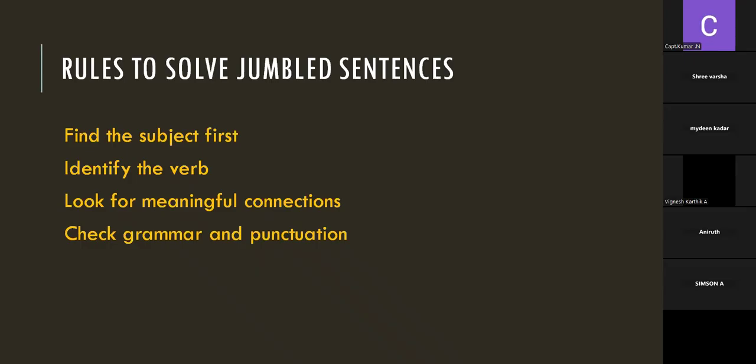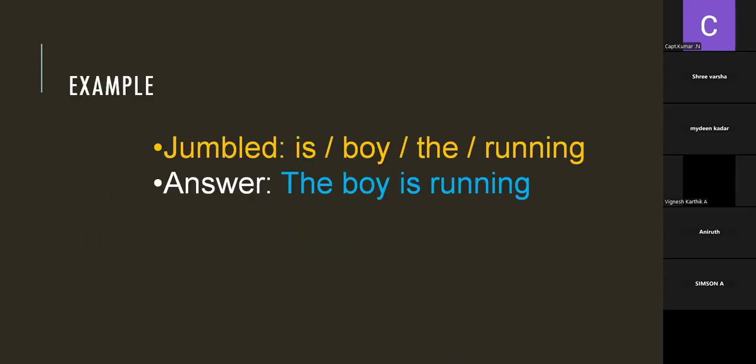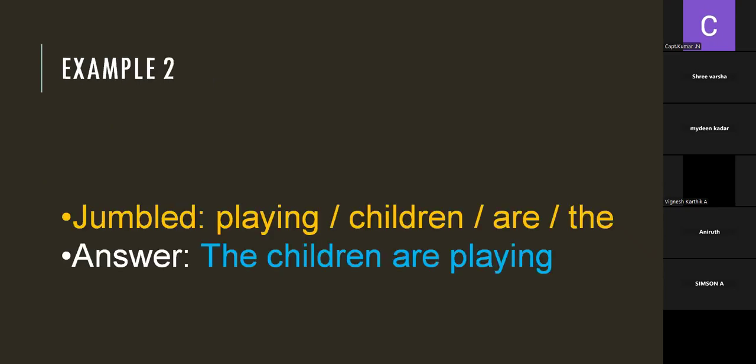Now, let's see the examples. Jumble: is, boy, the, running. Answer: the boy is running. Let's see the other sentence.